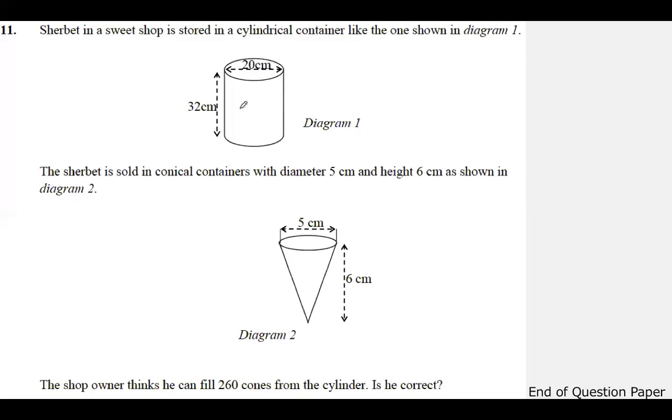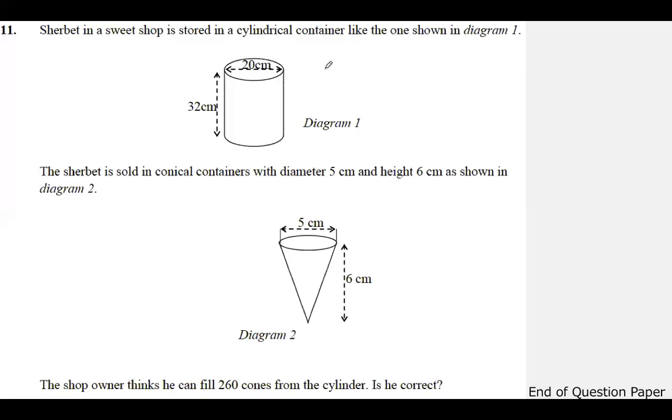So I've got a cone and I've got a cylinder. I'm thinking, I need to find some volumes here. How many cones can I fill with the content of this cylindrical container?